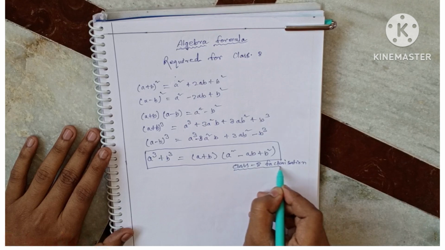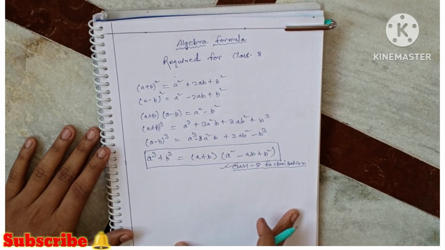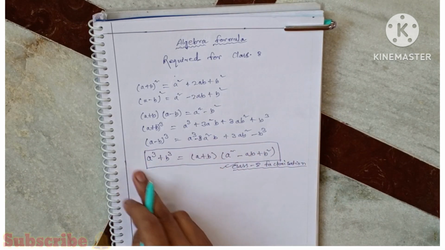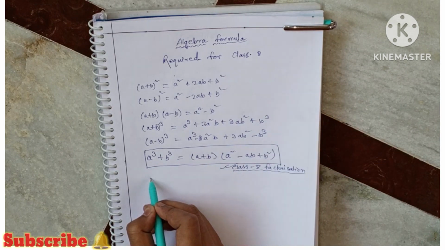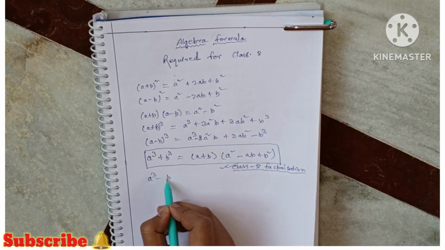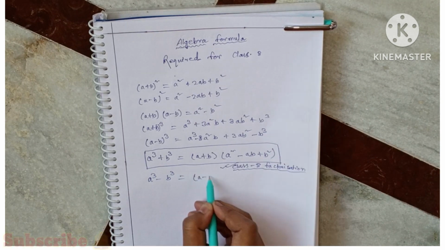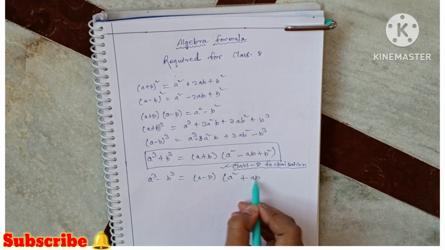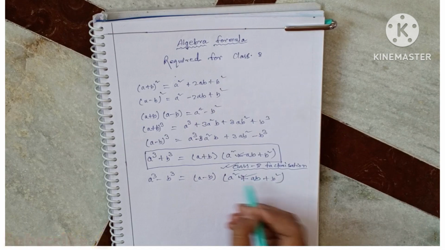In class 8 there are some factorization types like middle term factor and vanishing factor, where this formula is required. And a cube minus b cube is equal to (a minus b) into (a square plus ab plus b square). Only the signs are changing here and here.